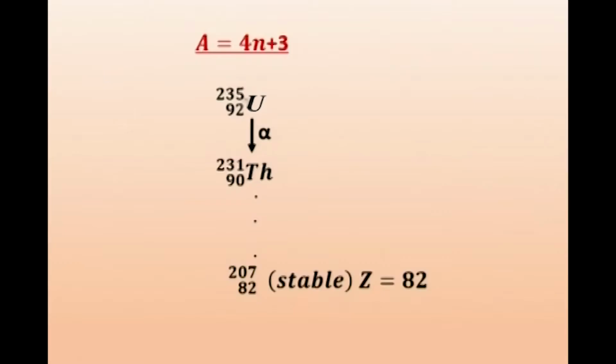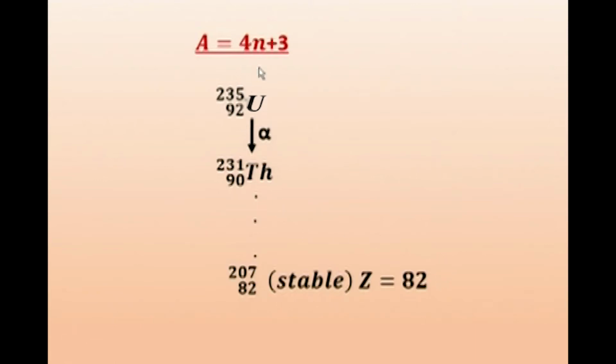Now, we will go to the next one, the last of the series, A equal to 4n plus 3. In nature, as we said, if you take a radioactive rock, it will have all the elements in A equal to 4n, 4n plus 1, 4n plus 2, or 4n plus 3.